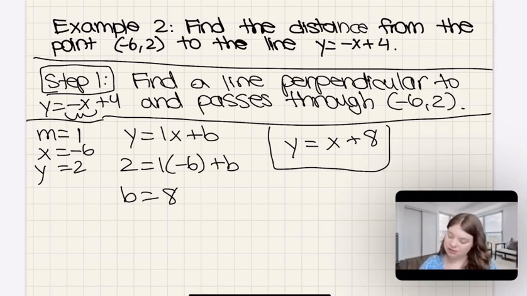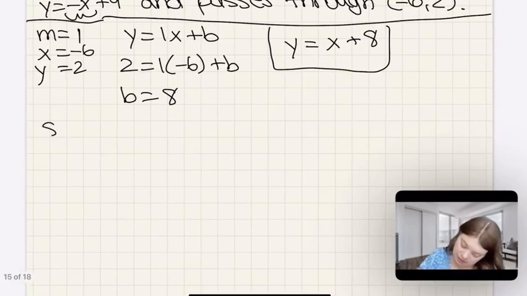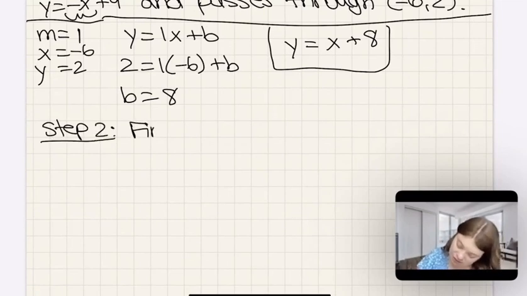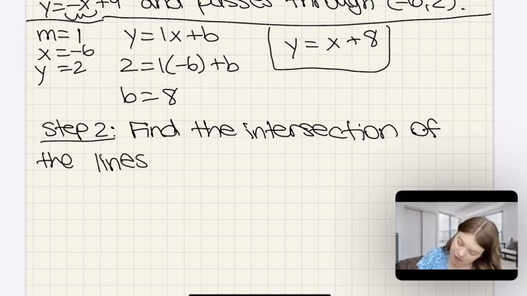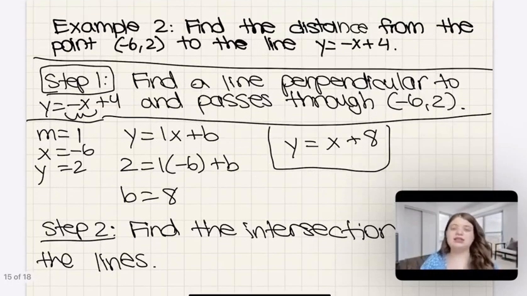Okay, so step two is to find the intersection of the two lines. Now, why would we want to find the intersection of the lines? Well, we need to find what the other point is, right? We're measuring a distance from the point -6, 2 that we were given to the other line.